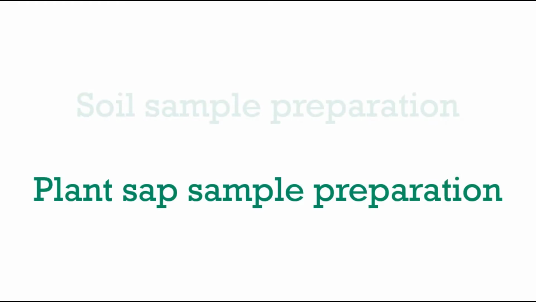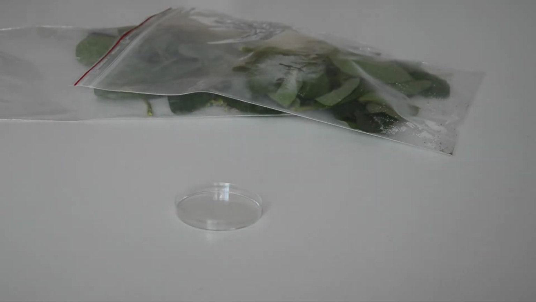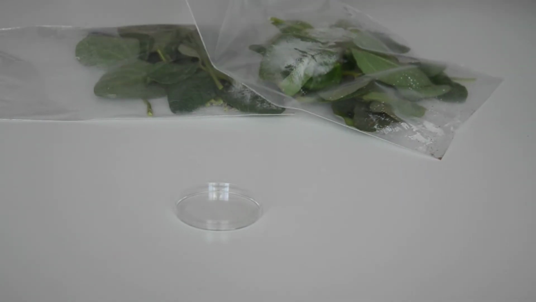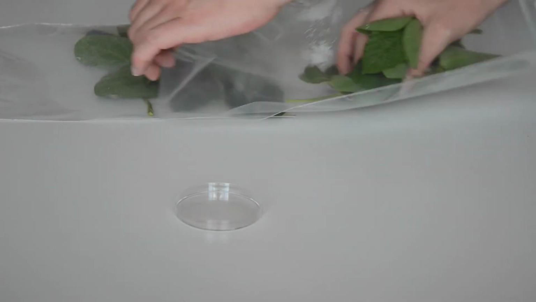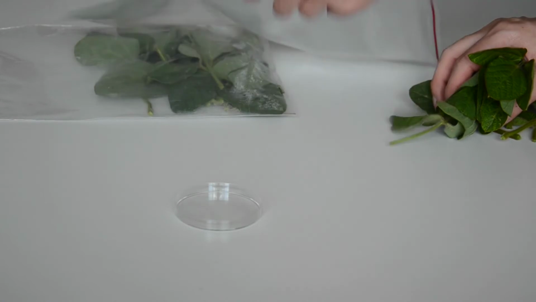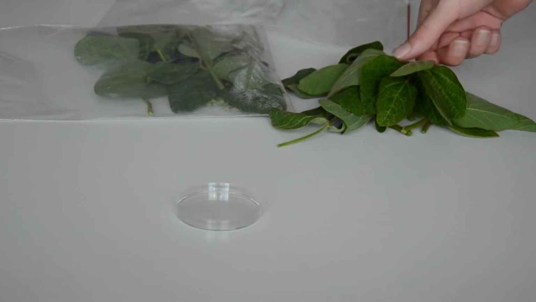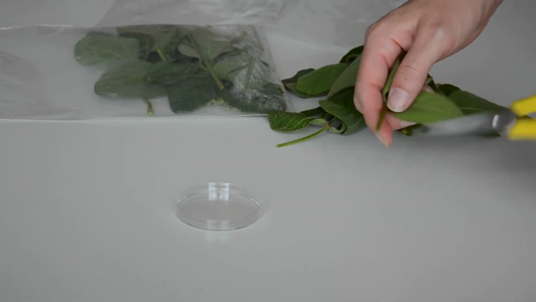Let's do the plant sap sample preparation. After collecting young and old leaves separately, they also must be prepared separately. Cut the petioles from the leaves into small pieces.